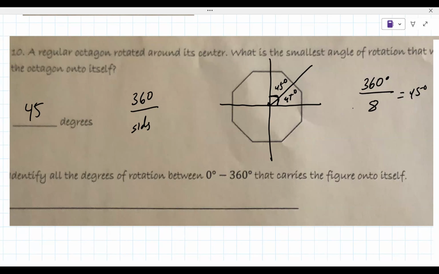And then the next thing is just multiples of 45 to 360. Exactly. I don't know if you include zero or not. That's a question for your instructor.